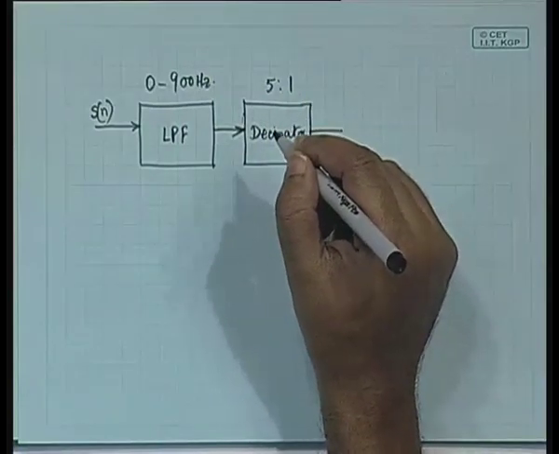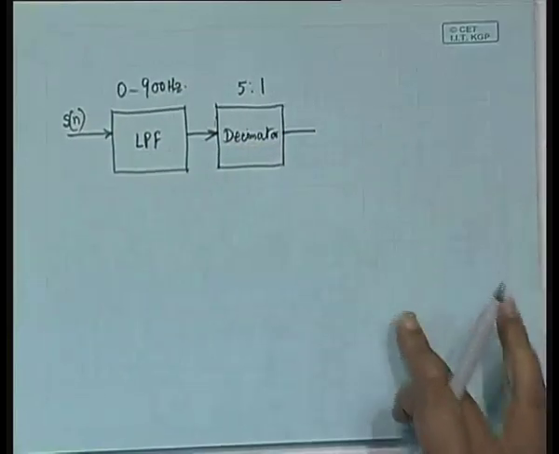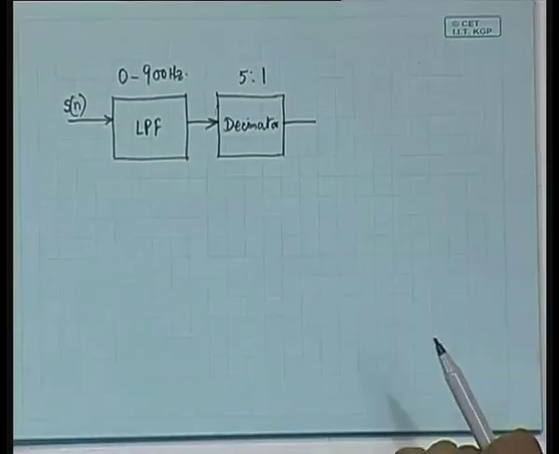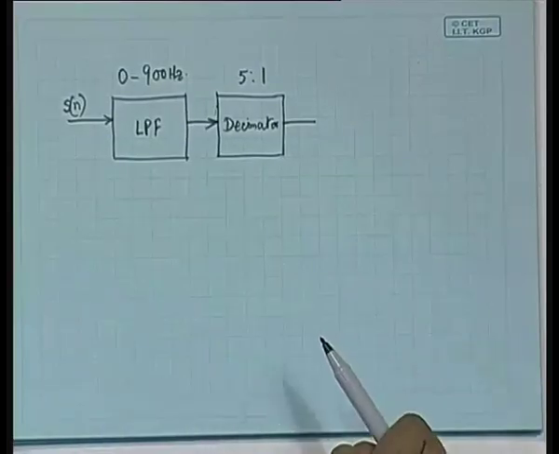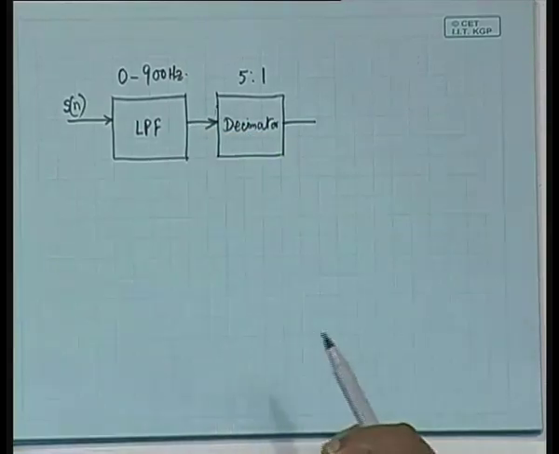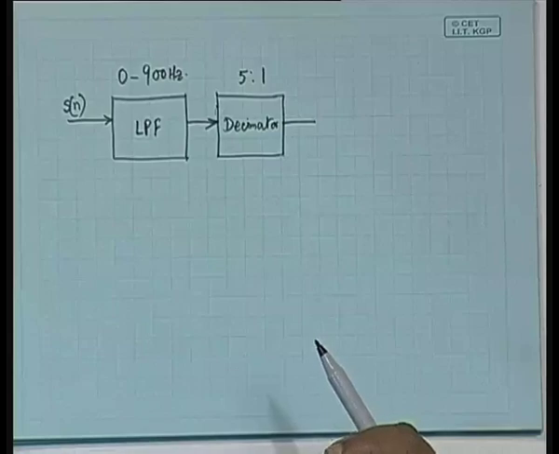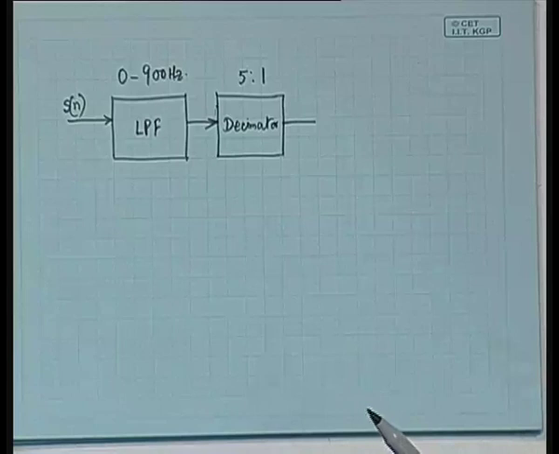Now, what is a decimator used for? This will be very clear. The S of n is sampled at what rate? Let us say 10 kilohertz. Now this is low pass filtered at 900 hertz, so at the output of the LPF you have 900 hertz as the maximum frequency content. So a sampling frequency of 2 kilohertz should be good enough for you.